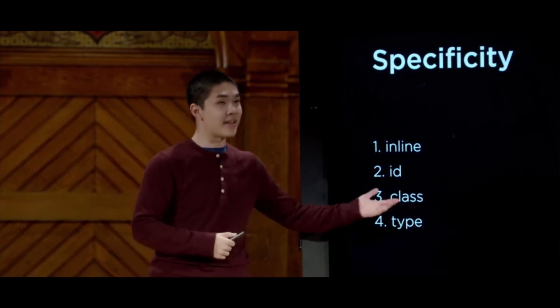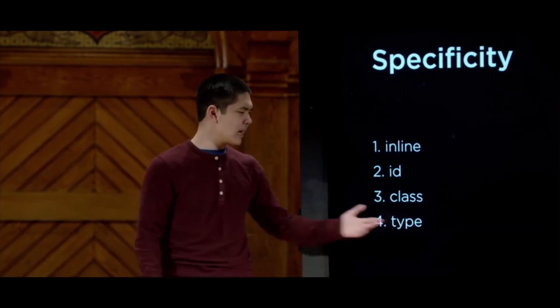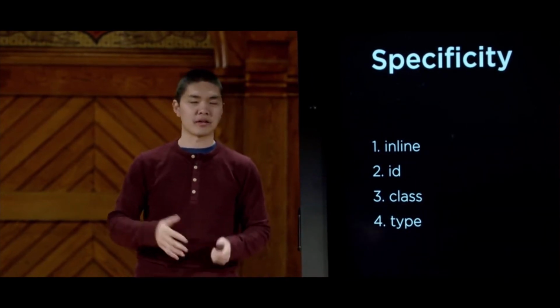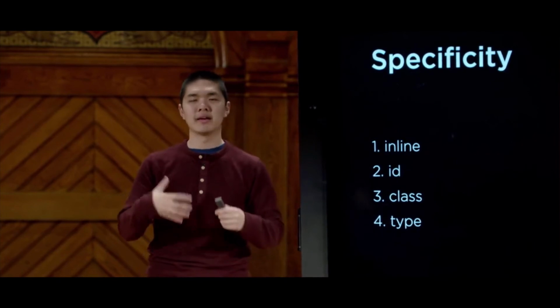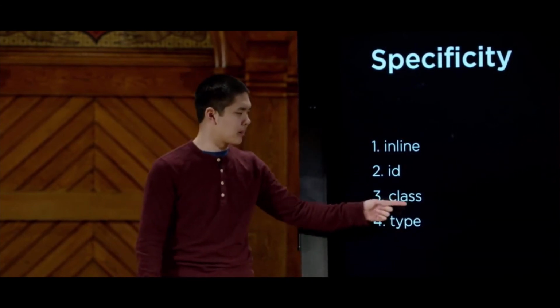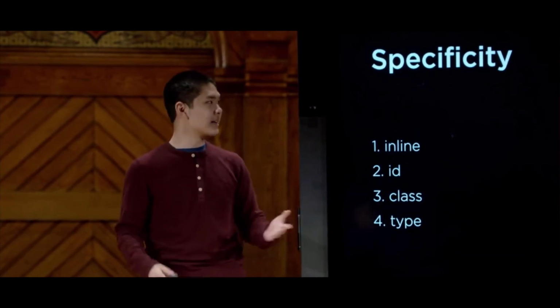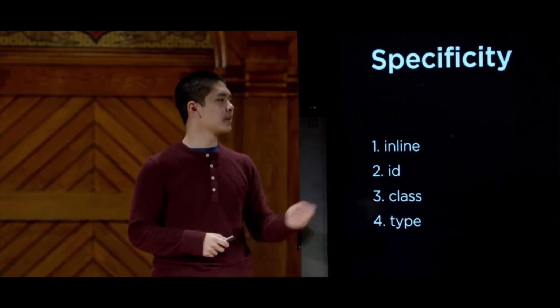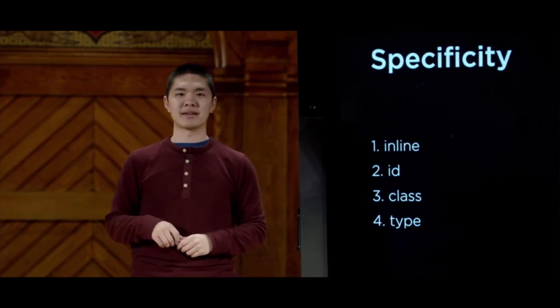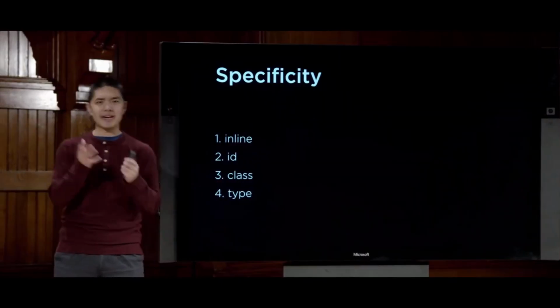And if so, then that takes next precedence. And otherwise, we fall back to what type of HTML element it is. Is it an h1? Is it an ordered list? Is it a table? So in short, the type is the least specific, class is slightly more specific, ID is more than that, and the most specificity we can provide is by literally putting the CSS in line with the HTML element itself. So let's take a look at an example of this.